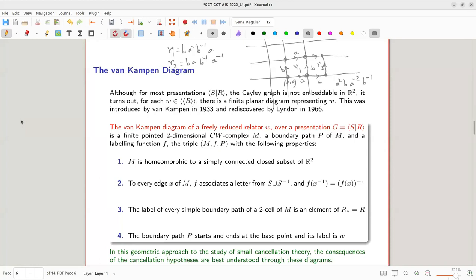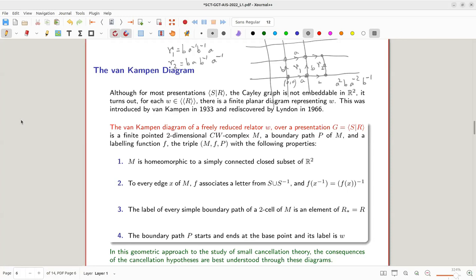From here, I take a group element G, trace the relator again and come back to the base point. So it is like G R G inverse, right?